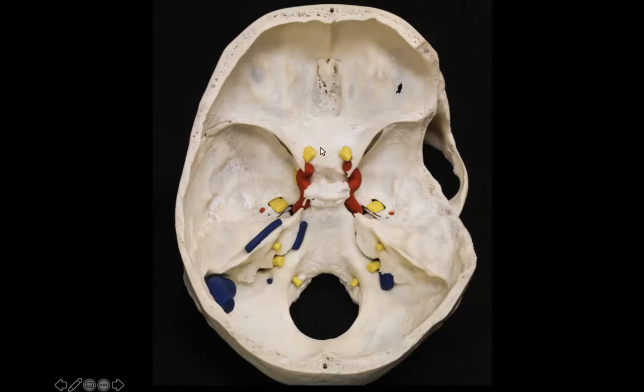This flat area is called the planum. We have the limbus of the sphenoid, which is just the anterior aspect between both optic canals. Then we have the prechiasmatic sulcus, which is in between both optic nerve prominences. And then the tuberculum is just the posterior prominence behind the prechiasmatic sulcus.